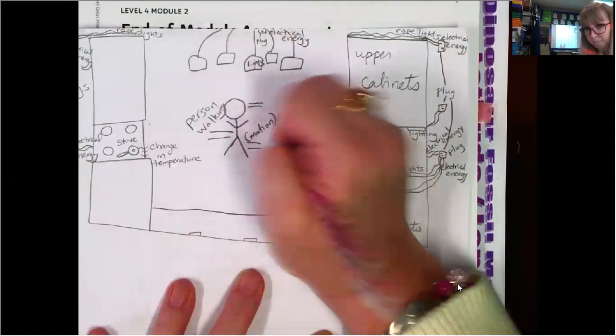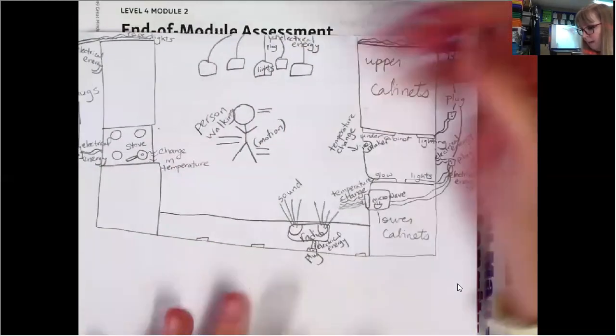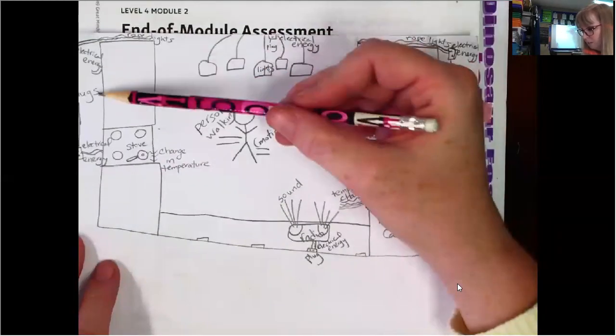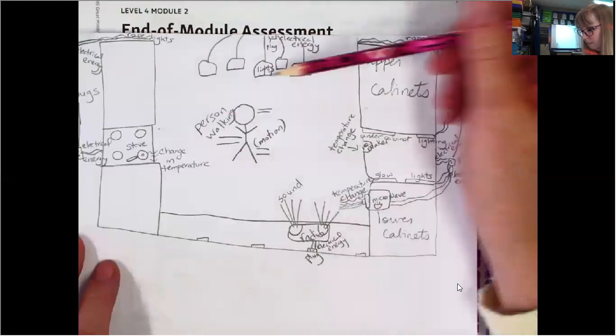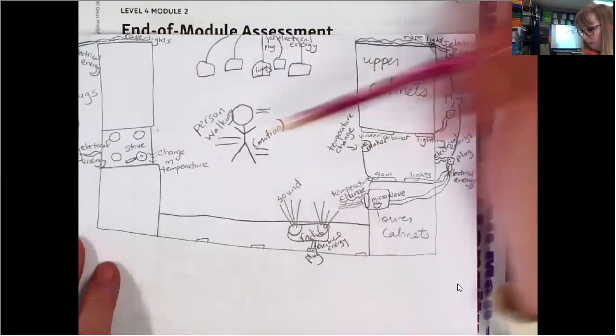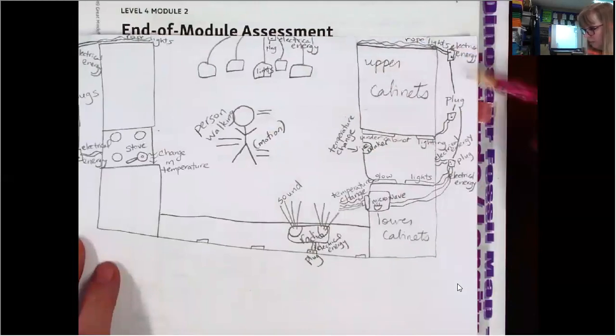Motion. Okay. So lights, electrical energy, plugs, lights, stove. So that's change in temperature. Person walking, that's motion. Rope lights, that's electrical energy giving it energy. And the plug, and I had the plug listed.